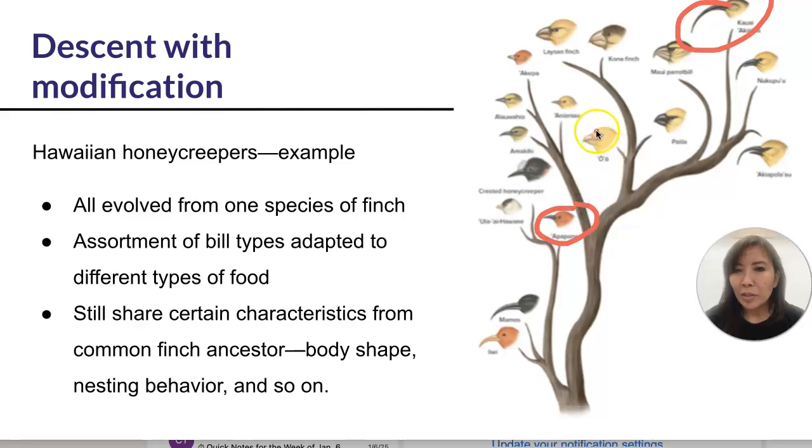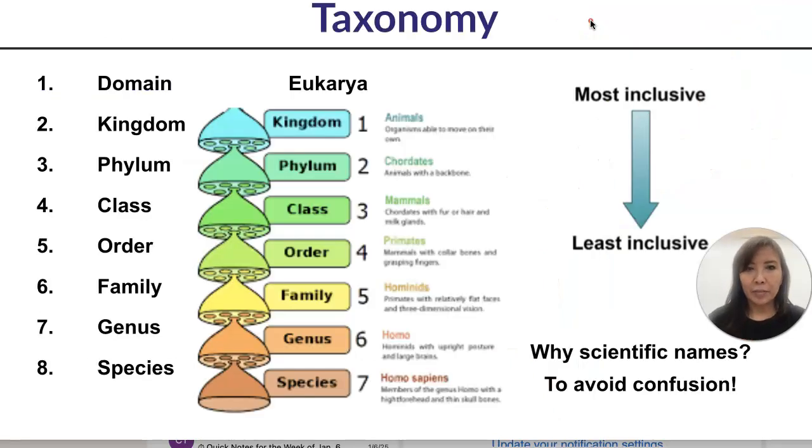Where the beak's a little bit smaller, and then you can look at this beak compared to this beak, right? So all of these different beaks and body shapes, like how big they are versus how small they are. So this is small, whereas this is a little bit larger. These are all different ways that they have evolved and diversified over time in order to survive in their environment.